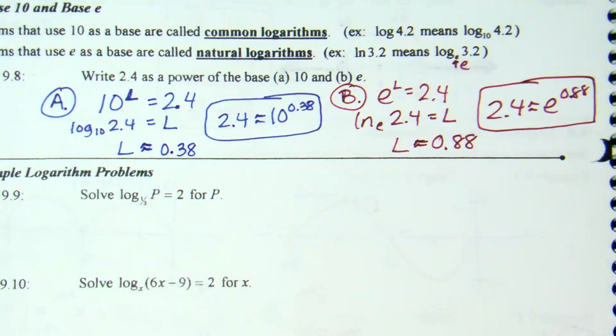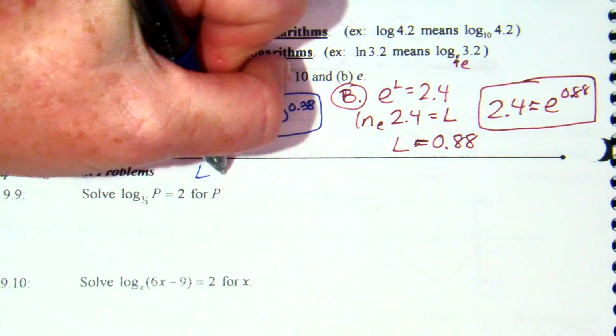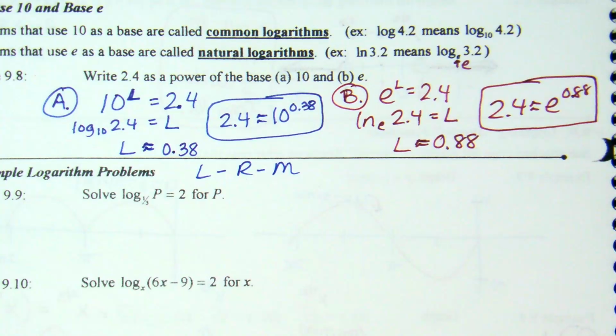Okay, bottom section. As long as we get some of these done, we'll get you in the right area. It says simple log problems. They all have logs in them. What's our phrase? Left, right, middle. Or when Mrs. Sargent writes LRM. So, solve log base 1/3 of P equals 2 for P. How do I get it out of log form?